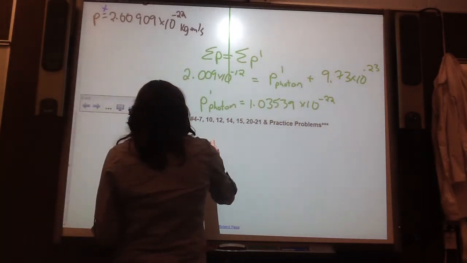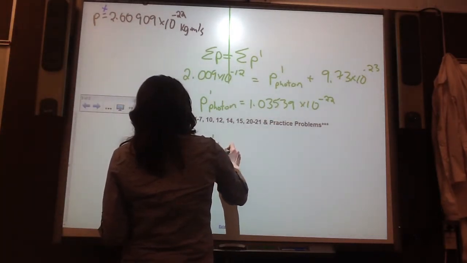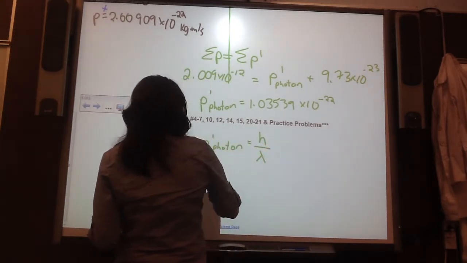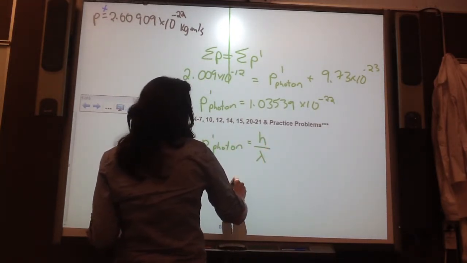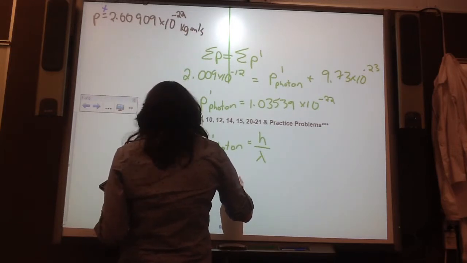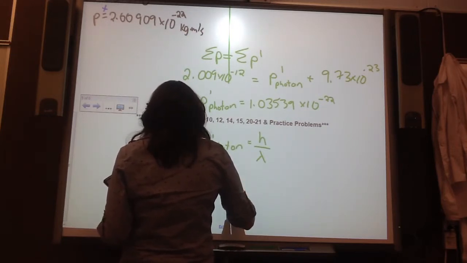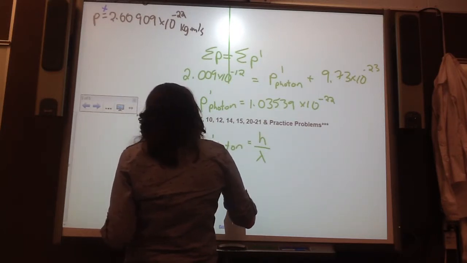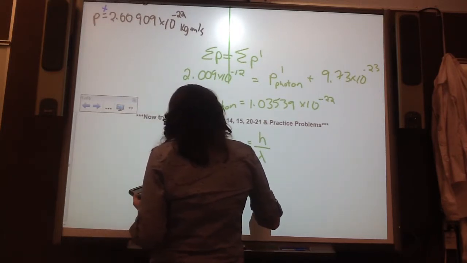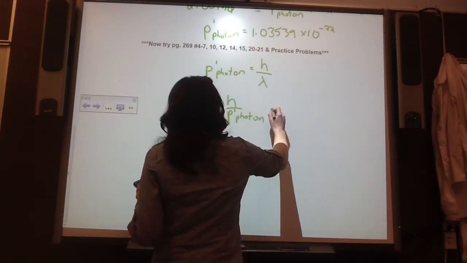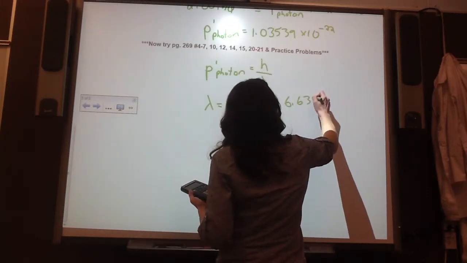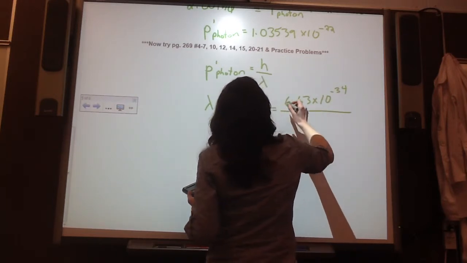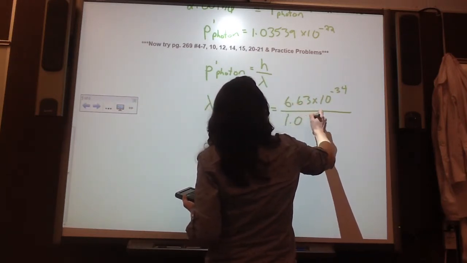So we use P of our photon is equal to h over lambda. So lambda is equal to your h divided by your P of your photon. So 6.63 times 10 to the negative 34, all divided by what we had there.